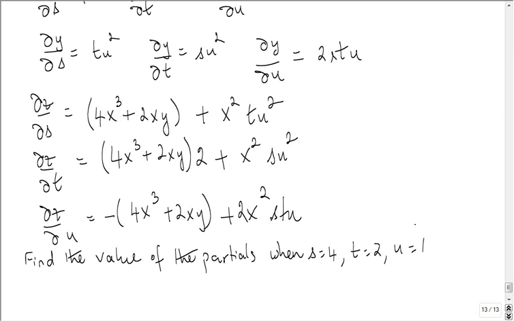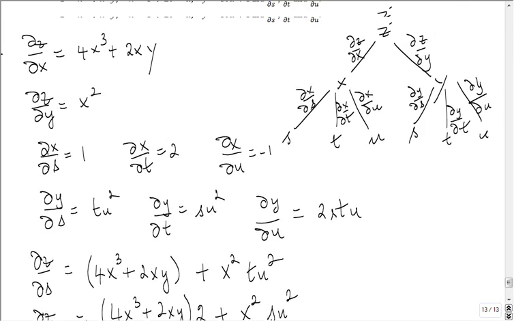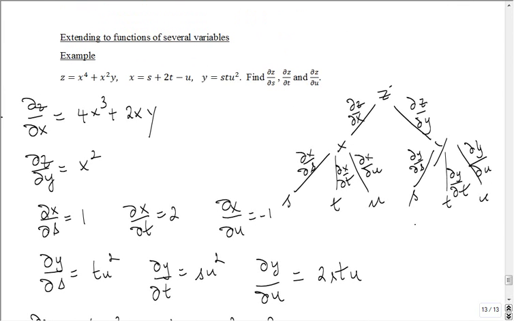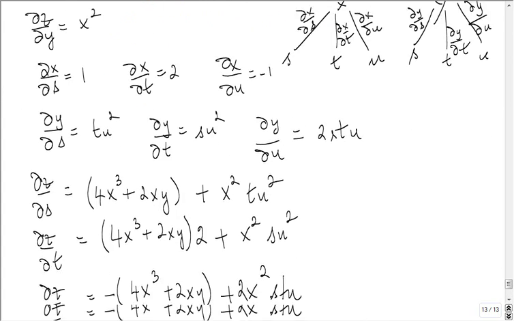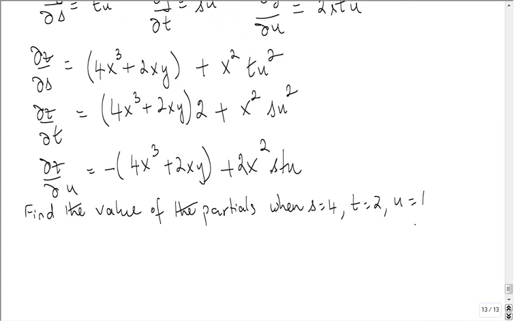What is x and y? Okay, x is s plus 2t minus u. So let's find that first. So x equals s plus 2t minus u, which is equal to 4 plus 4 minus 1, which is 7.